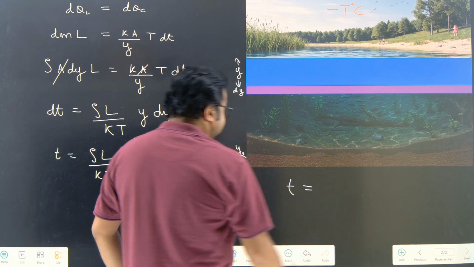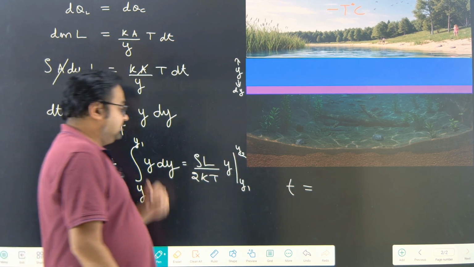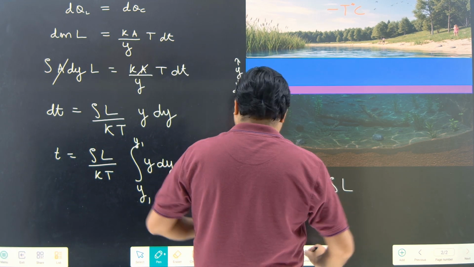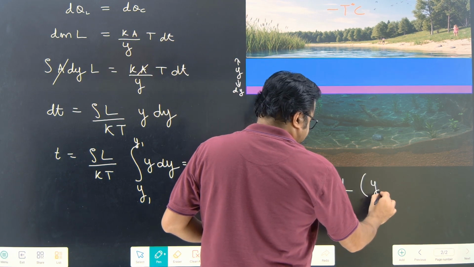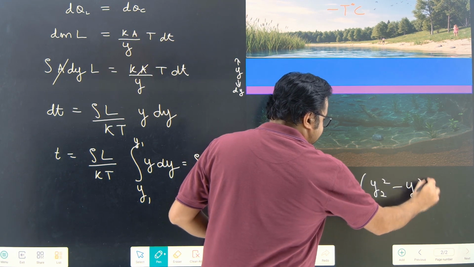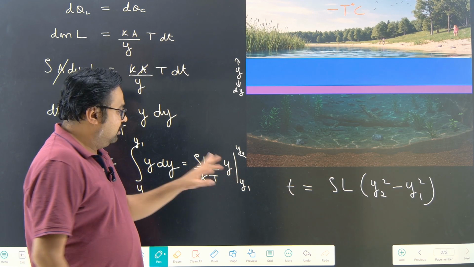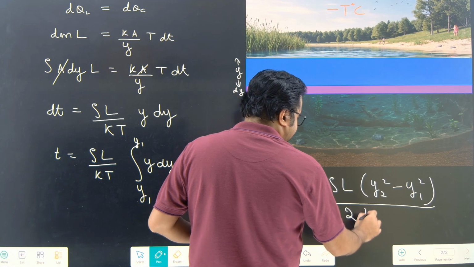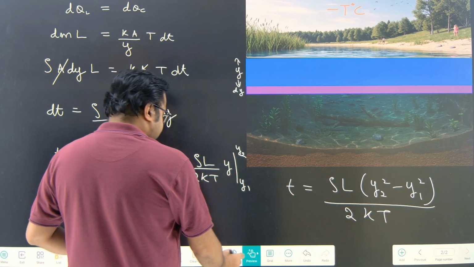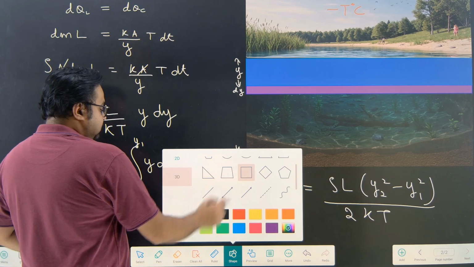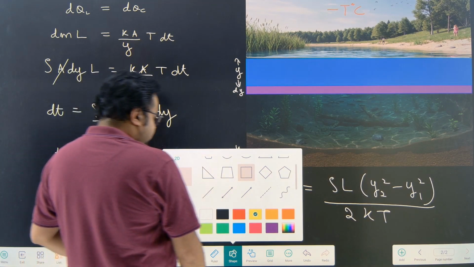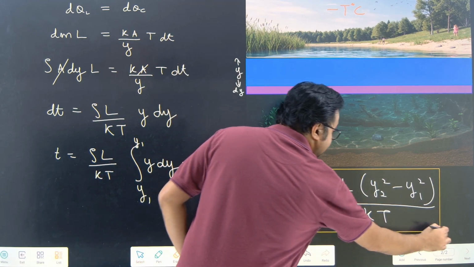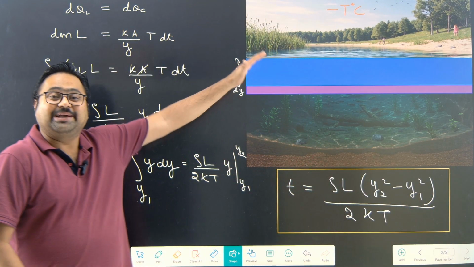The time it takes for a certain thickness to form is T, equal to rho L into y2 square minus y1 square after applying limits, divided by 2 KT. Now, this, my dear friends, is the final answer for the amount of time it takes for this thickness of ice to form.